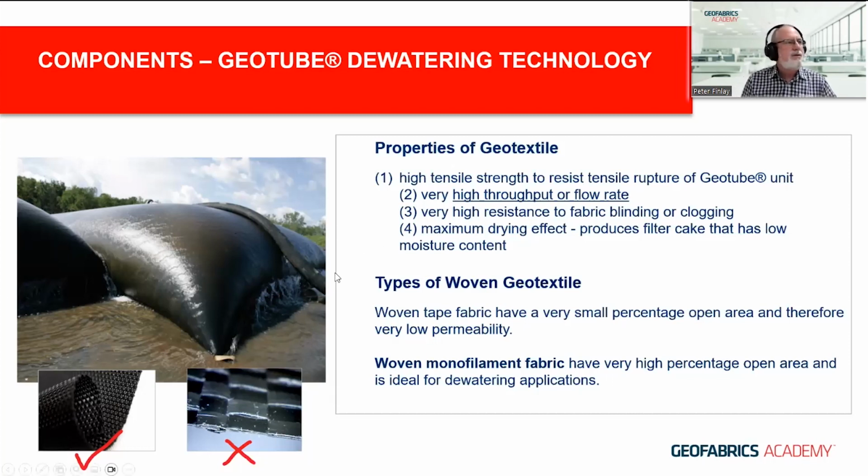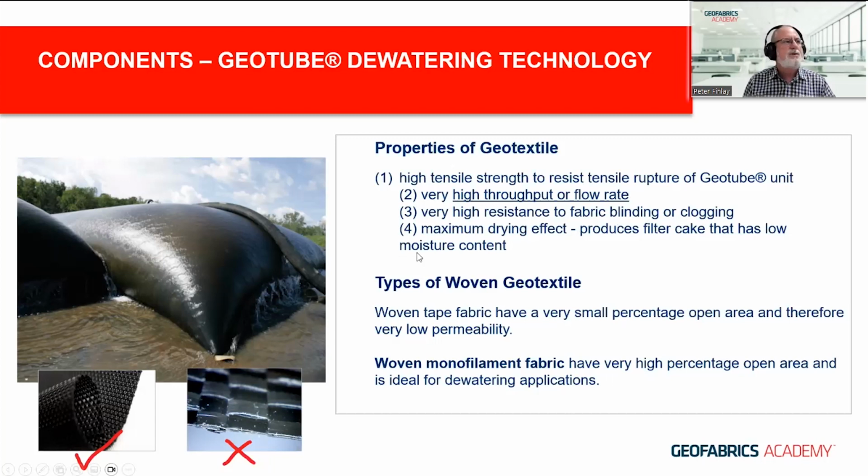The function of this fabric is to retain, but also to release water. So there needs to be a very high flow rate through the geotextile. It needs to be very resistant to fabric blinding and clogging, and this comes down to the actual structure of the woven geotextile itself.